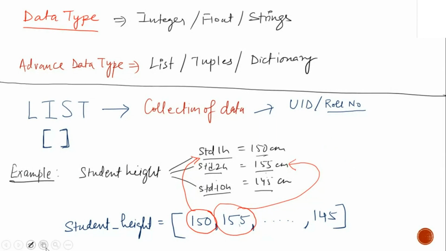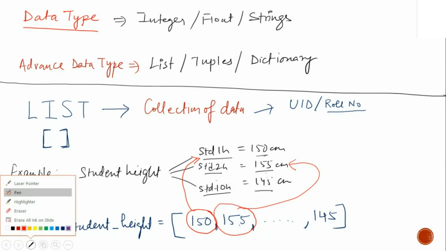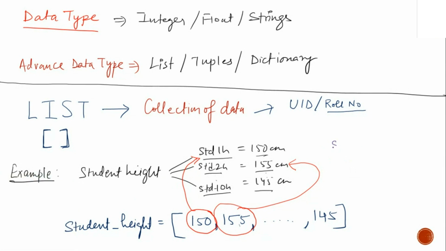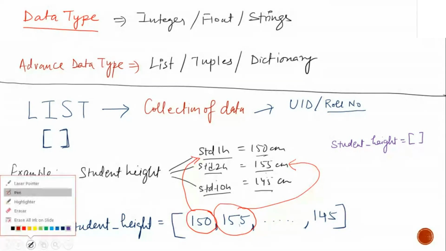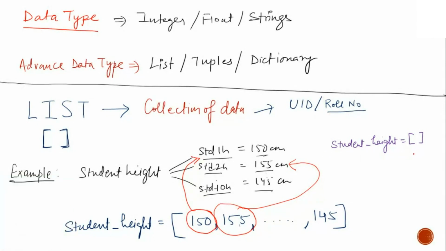We can also create an empty list. Let's say student_height equal to empty square brackets like this. This tells you that this is an empty list.